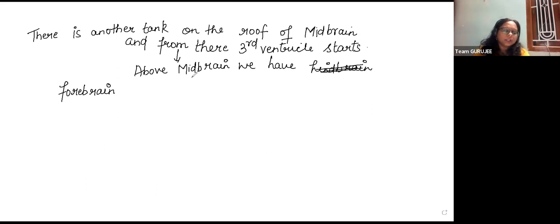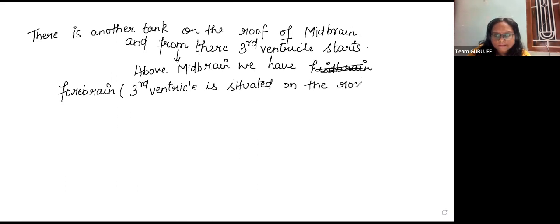Otherwise, it will be in the forebrain. You have to check that. So you can write: third ventricle is situated on the roof of midbrain or in forebrain. Whichever option they are giving, you can write it.